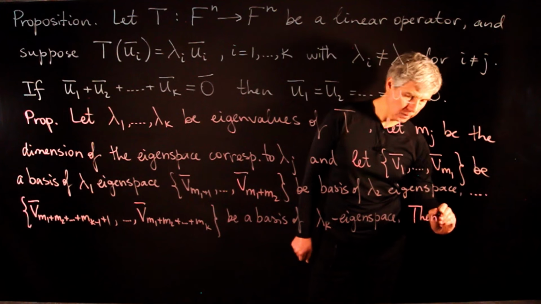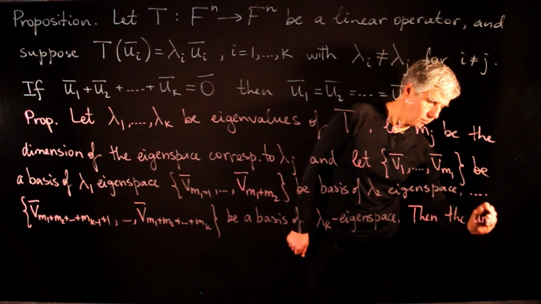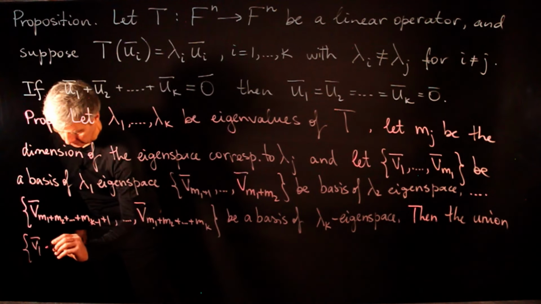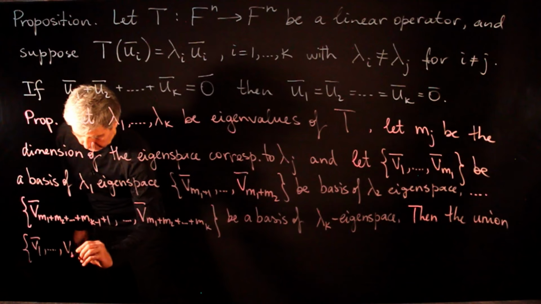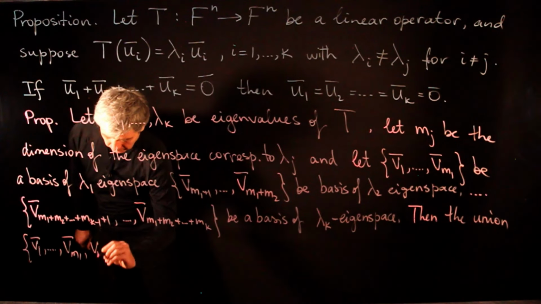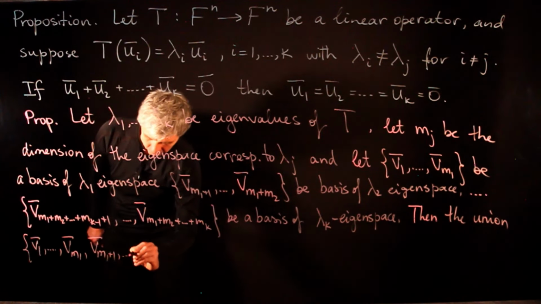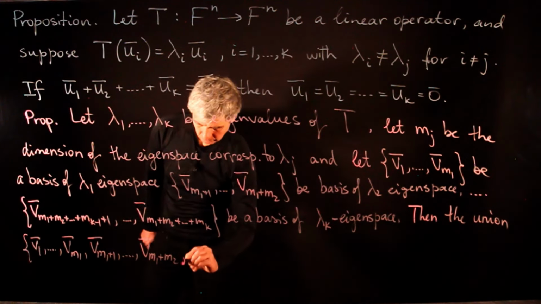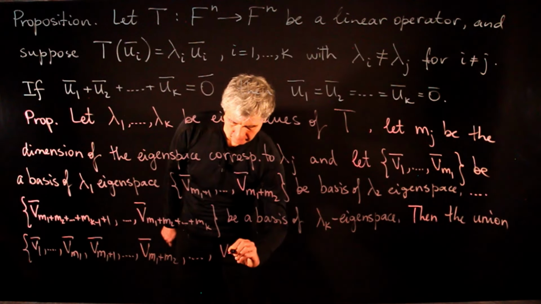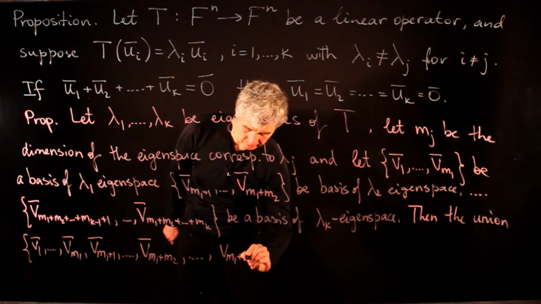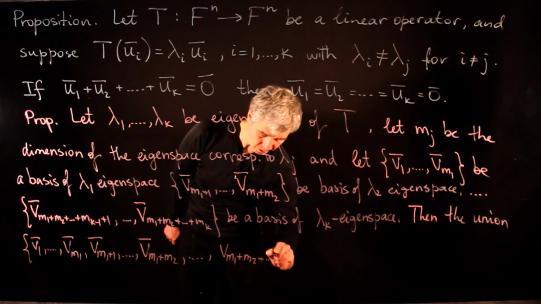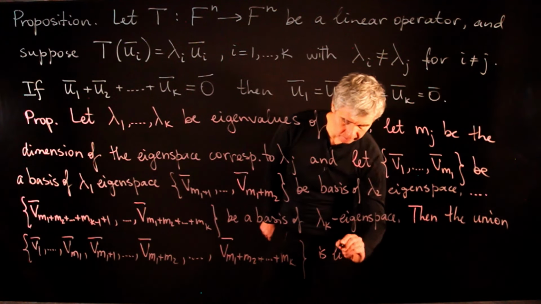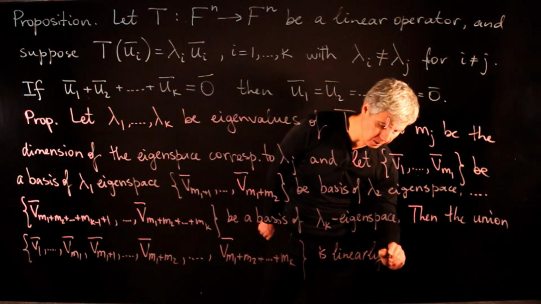Then the union, so if we put all these sets together, so we have v1 dot dot dot vm1, vm1 plus 1 dot dot dot vm1 plus m2, dot dot dot up to vm1 plus m2 plus mk, this set is linearly independent.